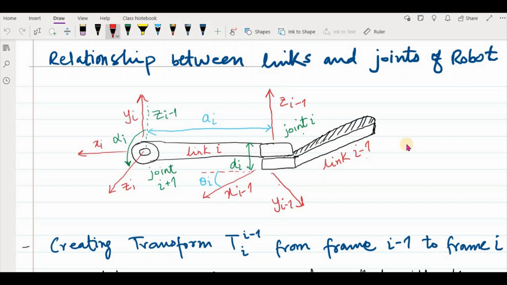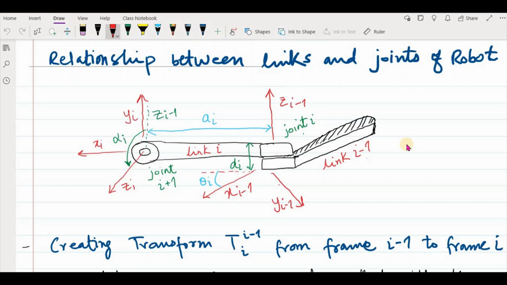Theta i is the angle between the x-axis of the previous frame and the x-axis of your next frame, or the next link. So the x-axis x_i and the previous x-axis x_i minus 1, the angle between them, we call theta i.